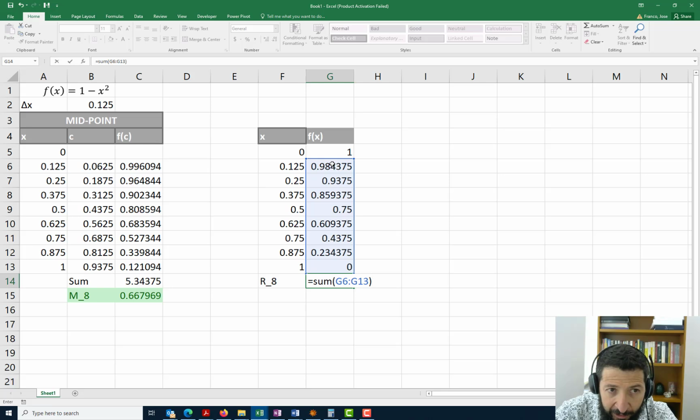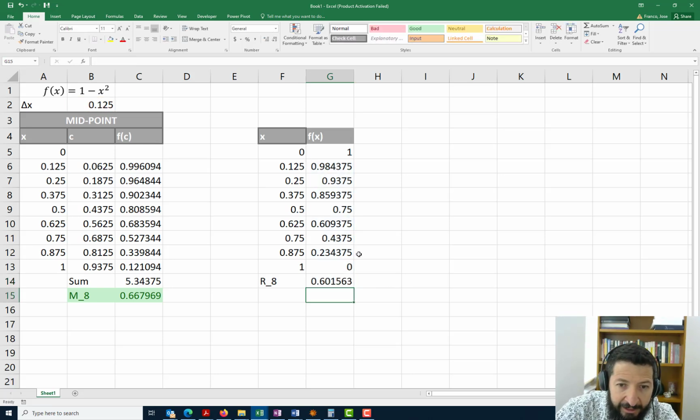And that is not going to be R8, that's just the first sum. In addition to that, you have to multiply times your delta x. And that is going to give you your right sum. You see how the right sum is so much further away? Remember from the previous video, the exact value of the integral we're looking for is 2/3, which is 0.66 repeating. The right sum is really far.